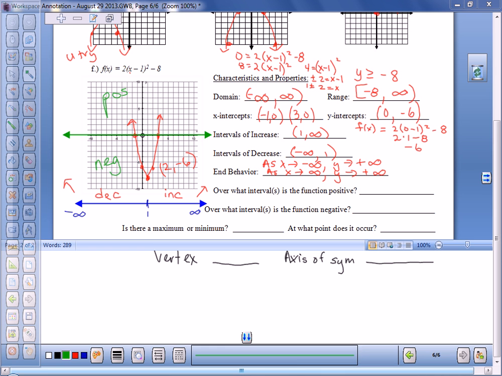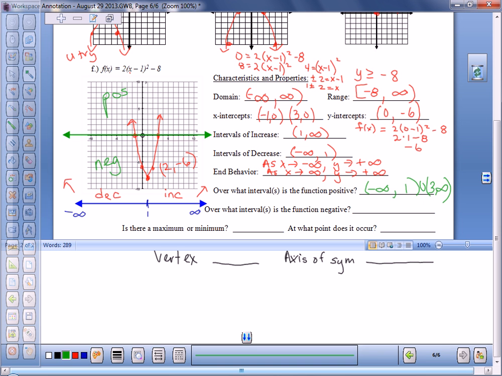So over what interval is the function positive? If we look at this, above the x-axis is where our function is positive. So this is positive from negative infinity to that negative 1, and again from 3 to infinity. This function is negative when it falls below the x-axis.